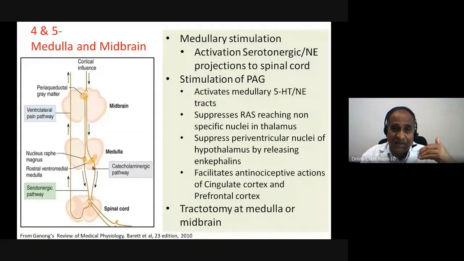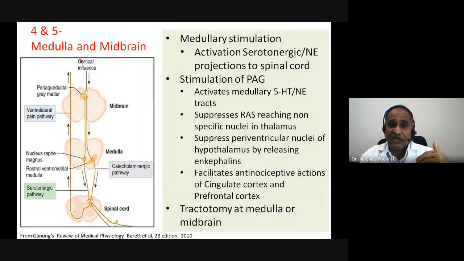At the same time, it will send impulses down and activate these catecholaminergic and serotonergic pathways, and that would achieve the same. That means the stimulation of periaqueductal gray activates serotonin and catecholamine, norepinephrine tracts, and that would suppress impulses reaching the non-specific nuclei of the thalamus.